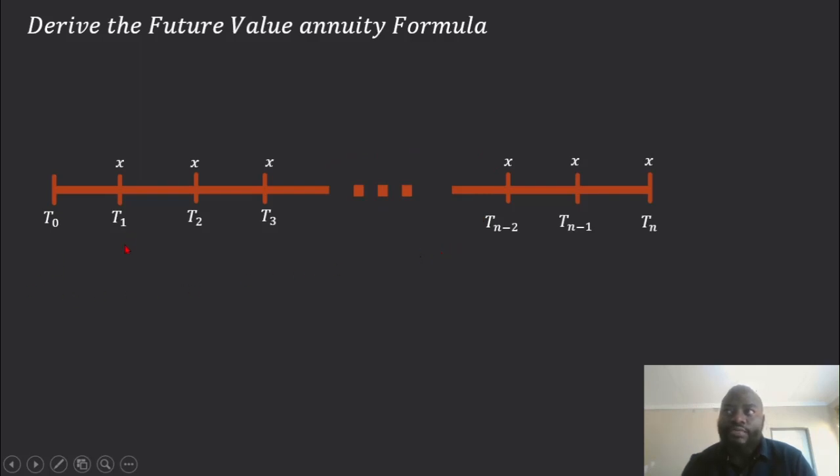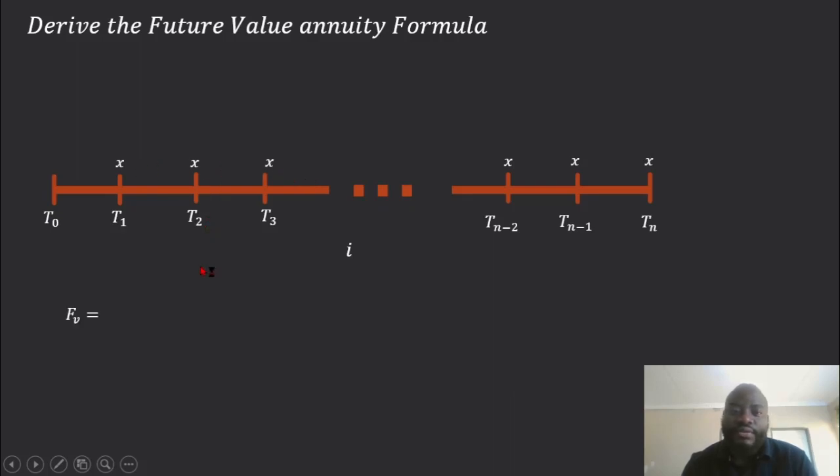All right, so now that we've understood that, let's say the interest is I, and we are now going to look for the sum of all these monies that are earning interest.